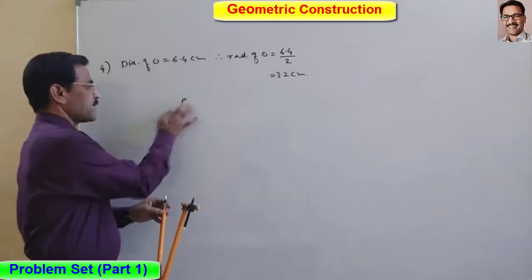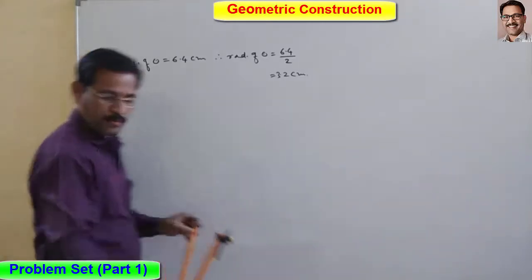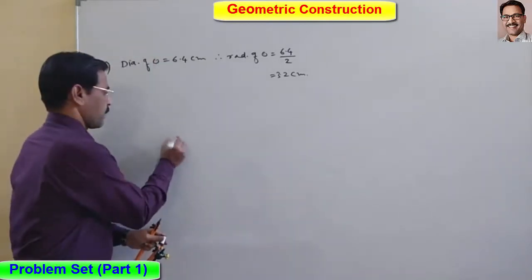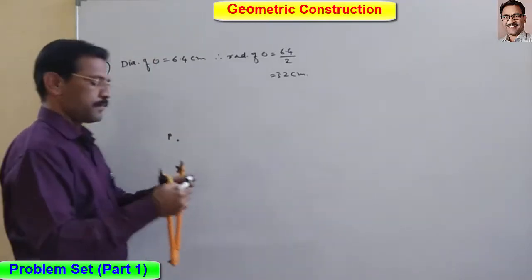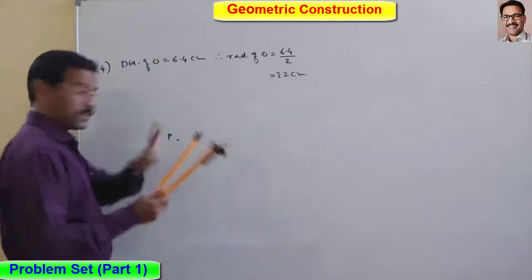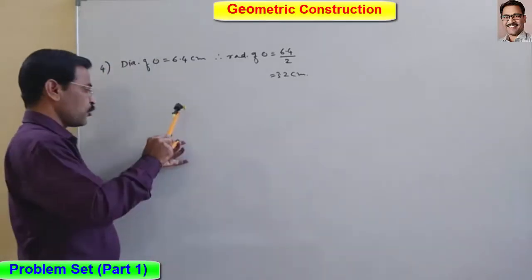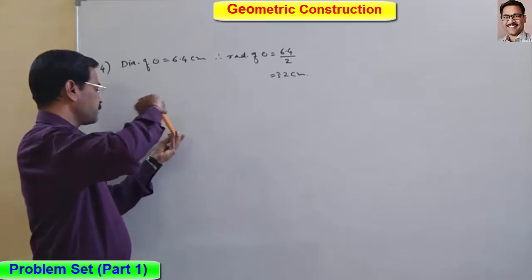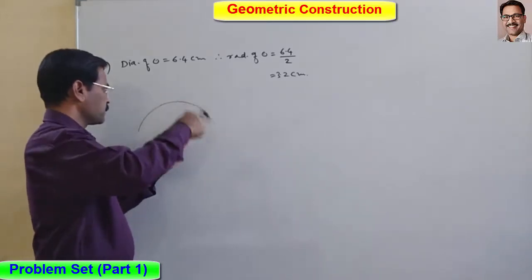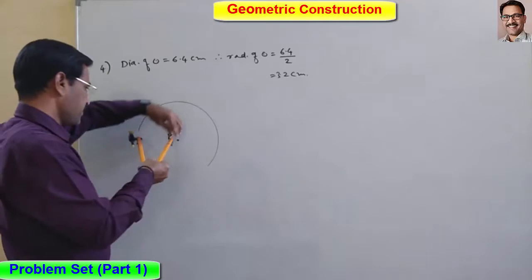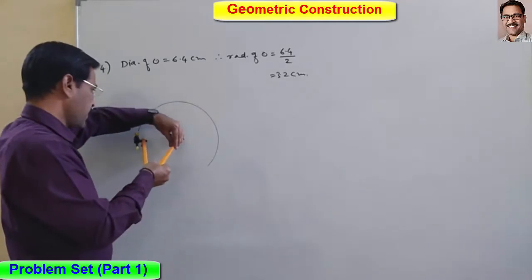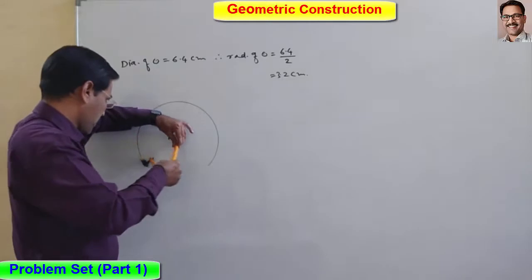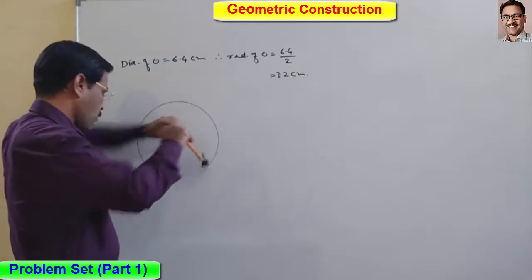So I will take just down. Okay. This is 3.2. I am going to draw one circle of radius 3.2 here. Like this. Similarly, okay.